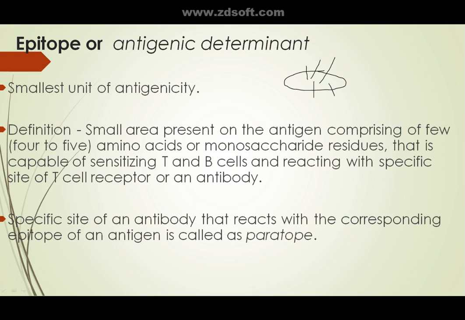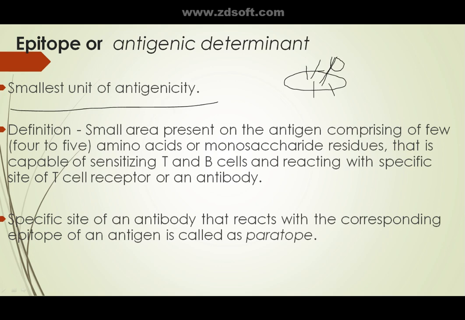These antigens are a protein, glycoprotein, polysaccharide or nucleic acid. But here also there is a specific region on the antigen to which our immune system can bind, and that smallest region or portion is known as an epitope. So, epitope is the smallest unit of antigenicity.